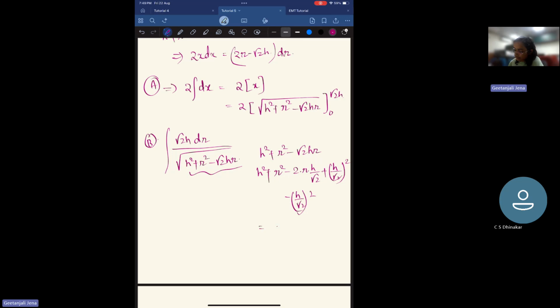So this will give r minus h by root 2 square plus h square by 2. So why do I do it this way? Because if we recall, we know the integration of 1 divided by x square plus z. So you can directly use that formula to find out the integration value.